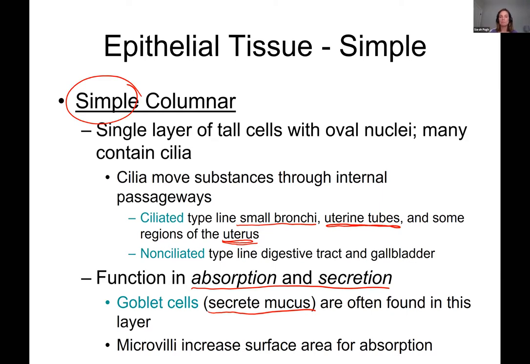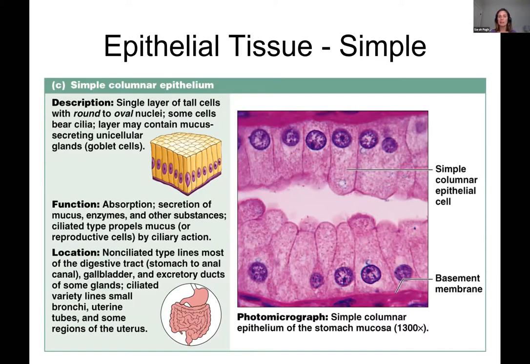Okay, so this is an example here. This is from the intestines. And so this is going to be simple columnar epithelium. You can see that there is no cilia here. And I'll draw in red right here. This would be the basement membrane. So that's the basal surface where those cells are connected to the basement membrane.